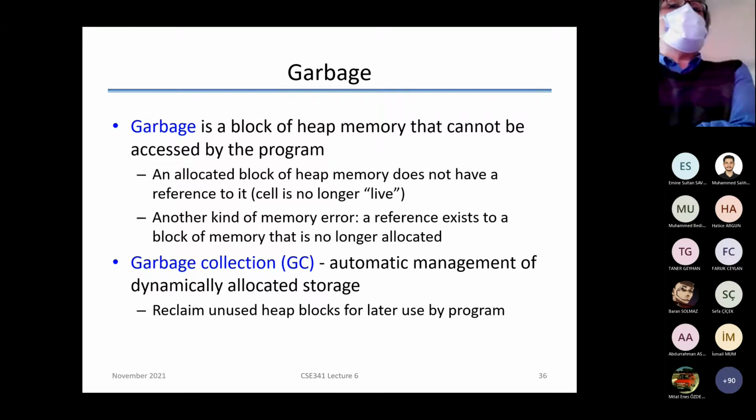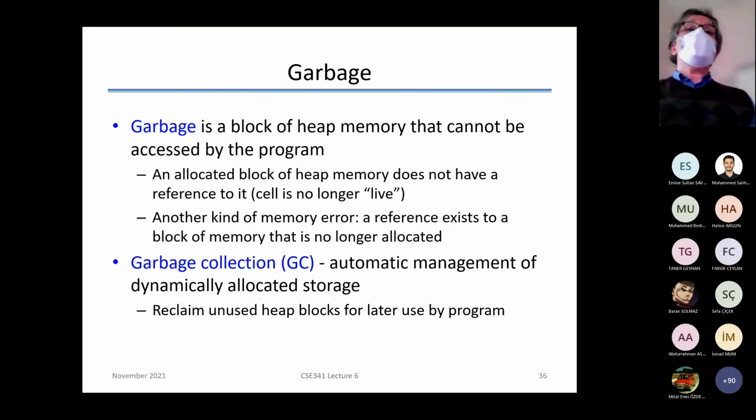Another kind of memory error could be a reference that exists to a block of memory that is no longer allocated. So garbage collection is the automated management of dynamically allocated storage, especially reclaiming the unused or dead heap cells of the user program.